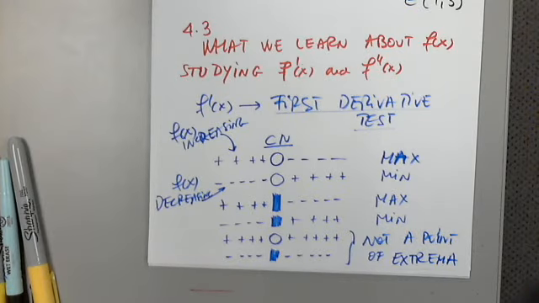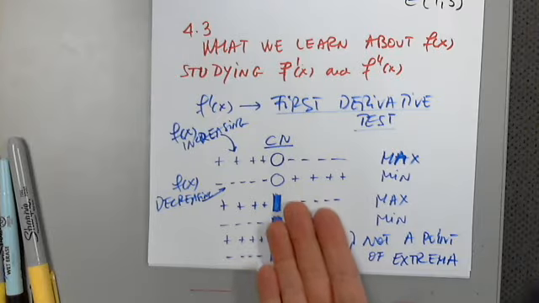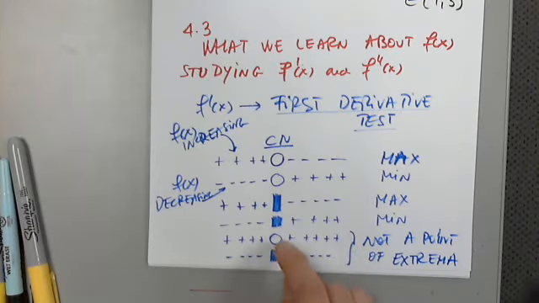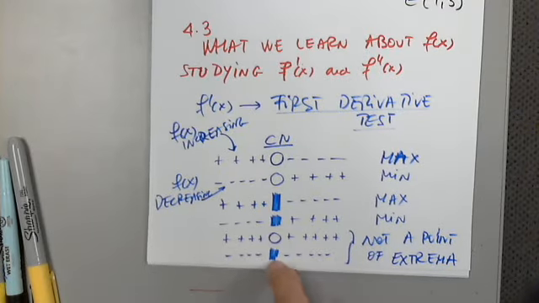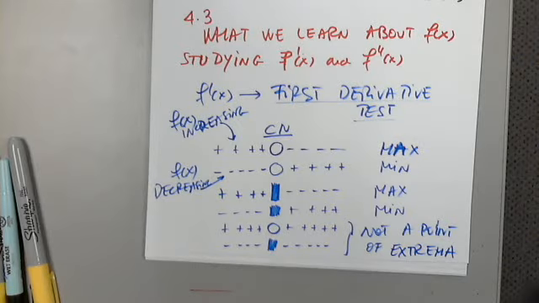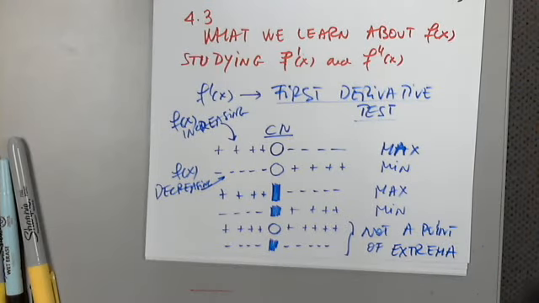So what we learn from here is this. If the derivative is 0 or undefined, and it changes sign left and right of that point, the critical number changes into a max or min, depending on the sequence of signs. But if the derivative does not change sign, that will not turn into a point of extreme.